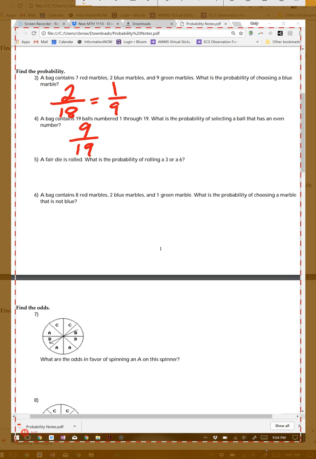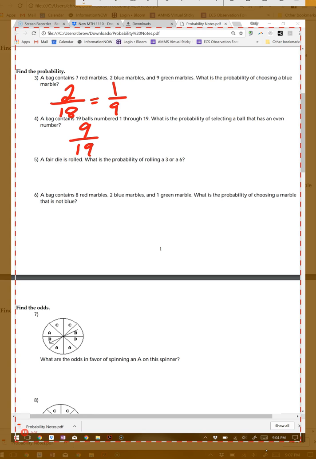Okay. Moving on, number 5, a fair die is rolled. What is the probability of rolling a 3 or a 6? Okay. Now, this attempts to add an extra wrinkle to this, but it's really no different than the 2 we've done before. There's a 3 and a 6 on this fair-sided die, and again, it's a fair 6-sided die, so there's 6 sides. So there's a 3 on one of those and a 6 on one of those.